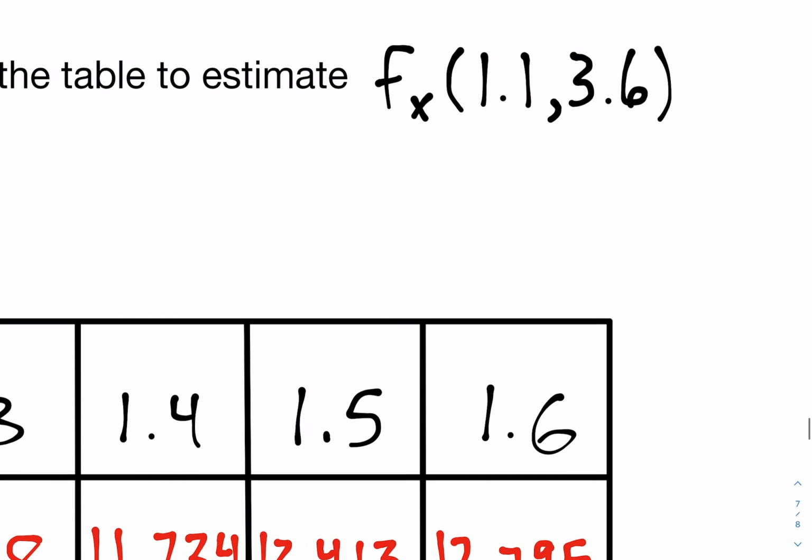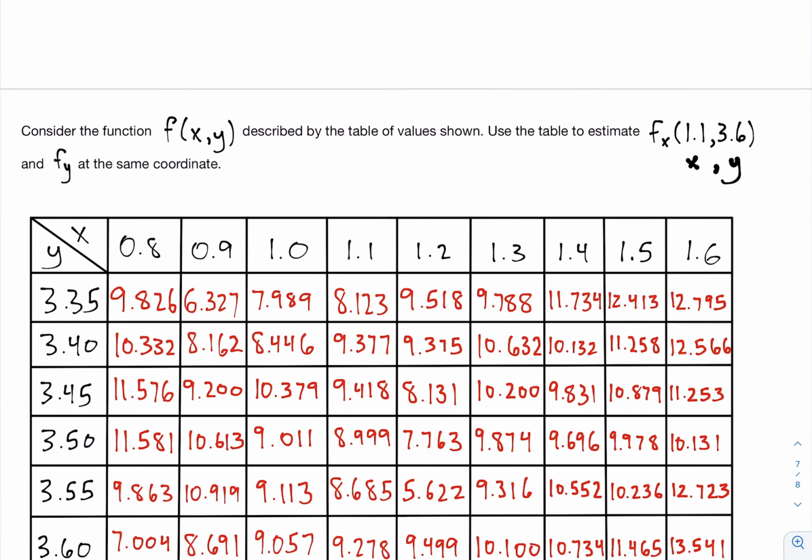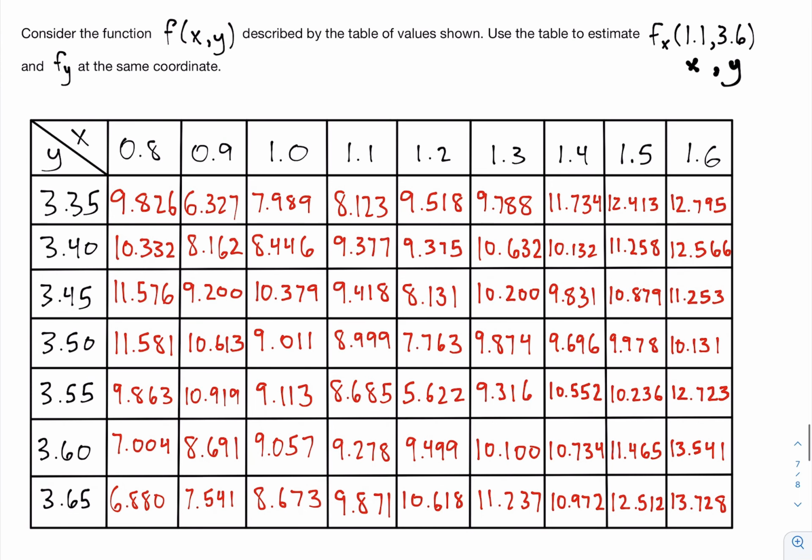Okay, so anytime we have an ordered pair in 3 dimensions, so this is f of x y, this is going to be our x coordinate, and this is going to be our y coordinate. On this table of values, the coordinate we're looking at is when x is 1.1, so that's right here, and when y is 3.6, so that's right here.